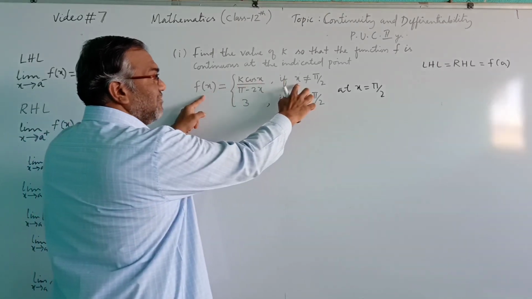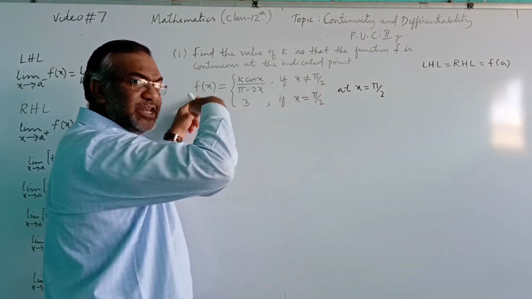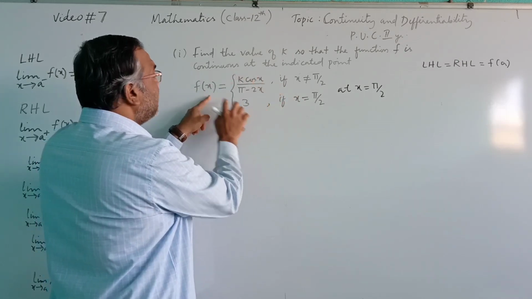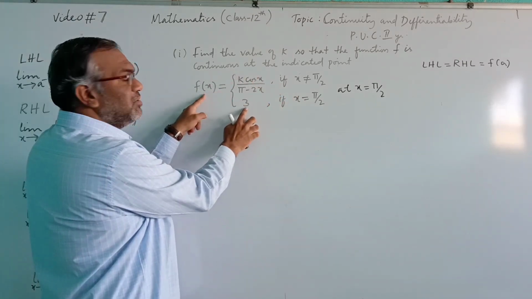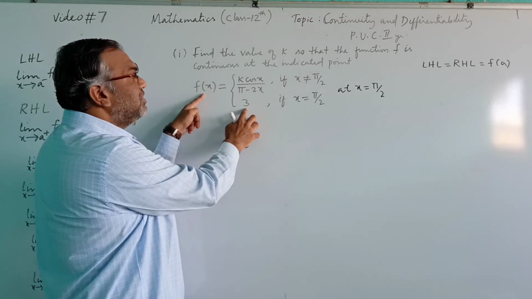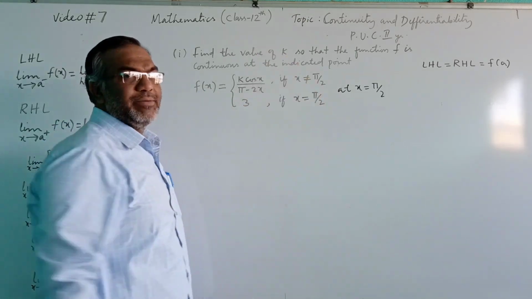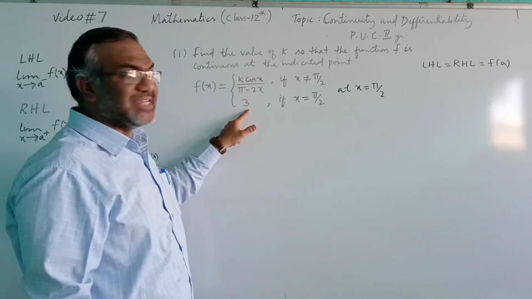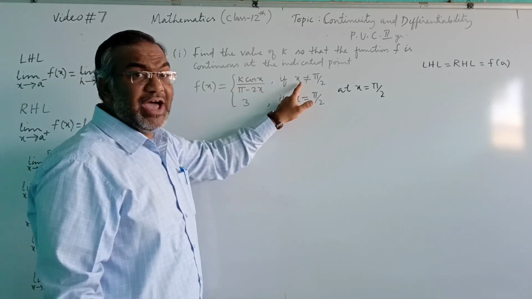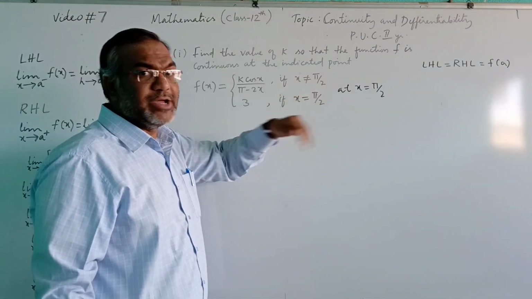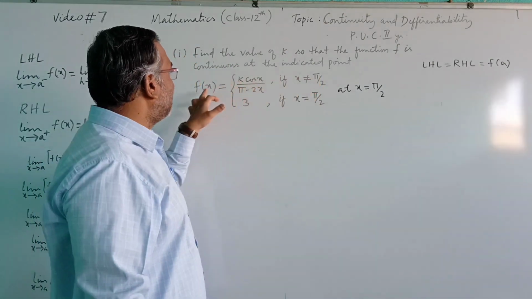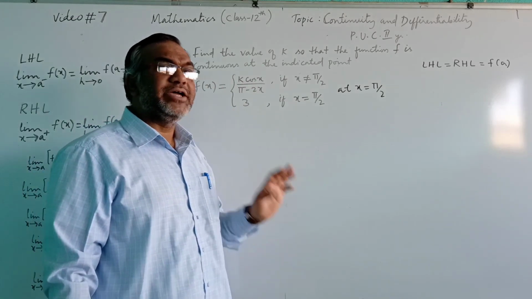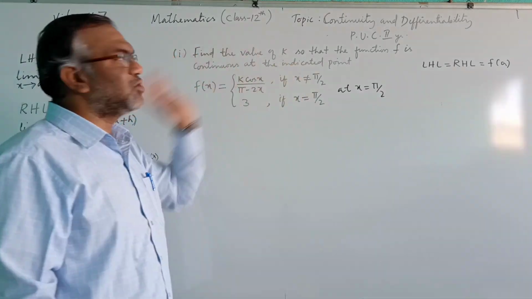It means when x is not equal to pi by 2, any value other than pi by 2, this will be the function, and the function will be 3 at x equal to pi by 2. For x equal to pi by 2, the value of the function is 3, and for x not equal to pi by 2, all other values, the function will be k cos x divided by pi minus 2x. This is the question.